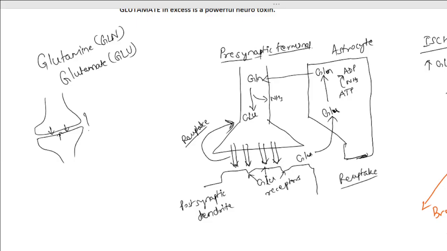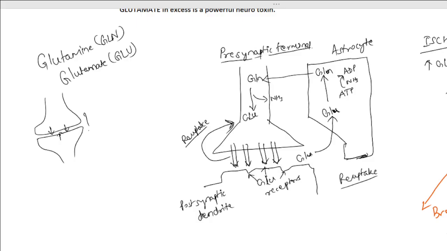So depolarization means what? Sodium ion in, potassium ion out. Well, calcium channel open, okay, and calcium ion in.